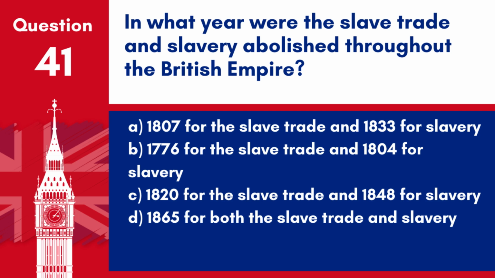D. 1865 for both the slave trade and slavery. Answer. A. 1807 for the slave trade and 1833 for slavery. The British Empire abolished the slave trade in 1807 and slavery itself in 1833.